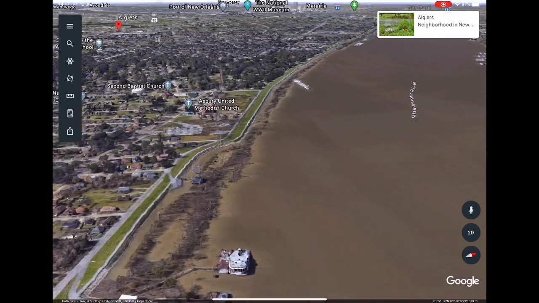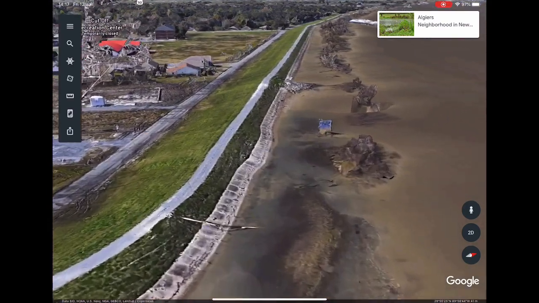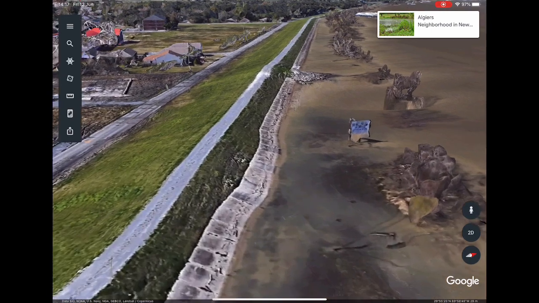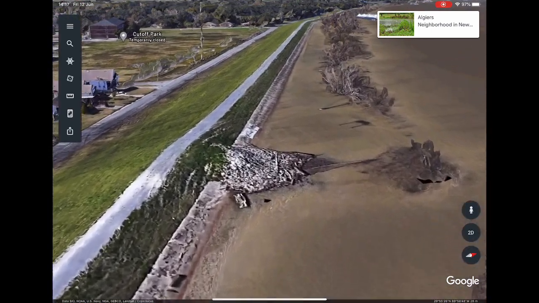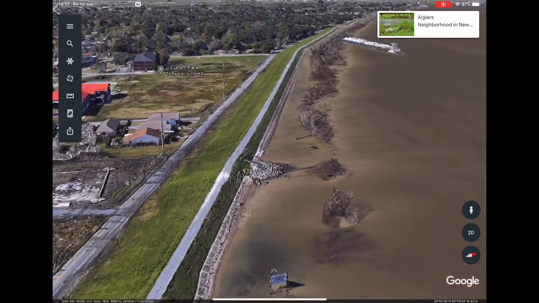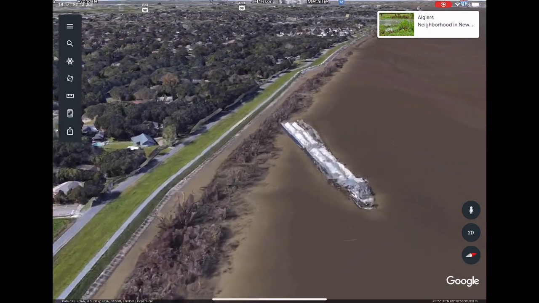Here we have the Mississippi River, and we can see an example of hard engineering here. We have a levee embankment. This is this raised mound of earth that is right next to the river, and this goes all the way along this side.